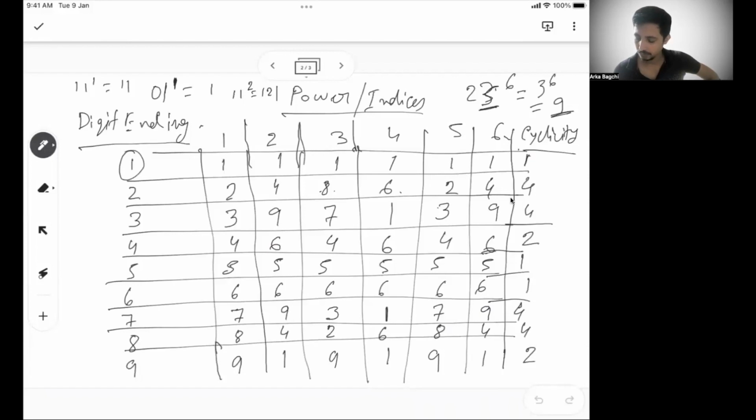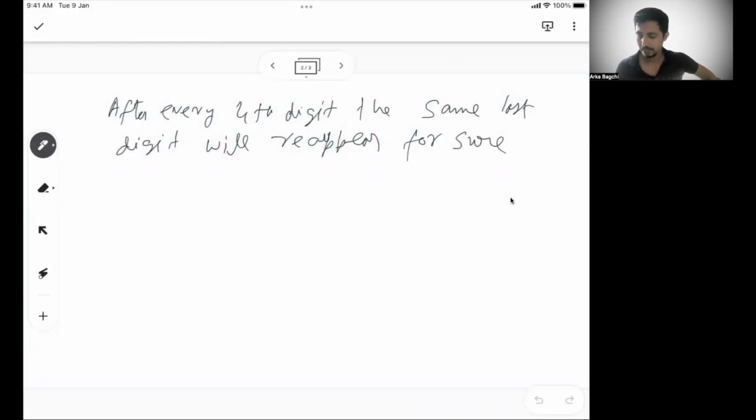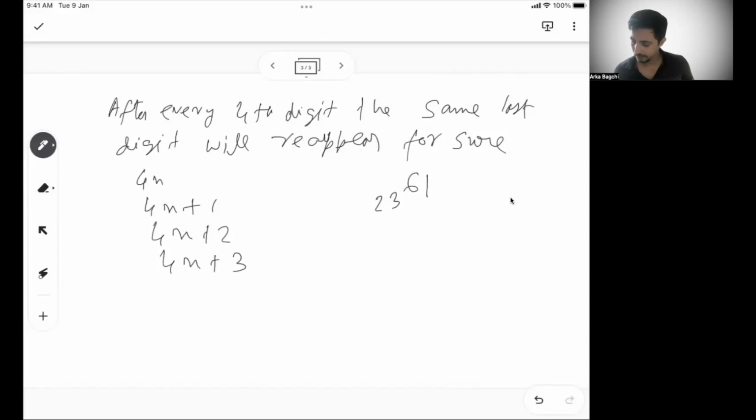Okay. So then we can basically break it into the powers 4n plus 1, 4n plus 2, or 4n plus 3. So basically, what I'm trying to say is instead of 23 to the power 6, if someone gives you 23 to the power 61, how are we going to do that? 23 to the power 61 is basically 23 to the power 15 into 4 plus 1.